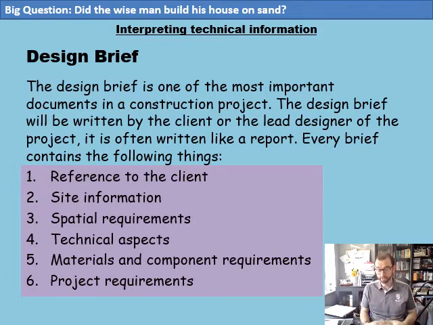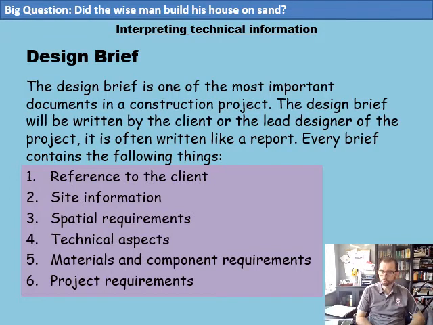Reference to the client. Who is the client? Who is it being designed for? Then site information. Where is it going to be? Spatial requirements. So in the case of this, how much space is required for this office, the utility? How much space was there in the garage to start with? Technical aspects. So that'd be your plugs, your plumbing, radiators, windows.